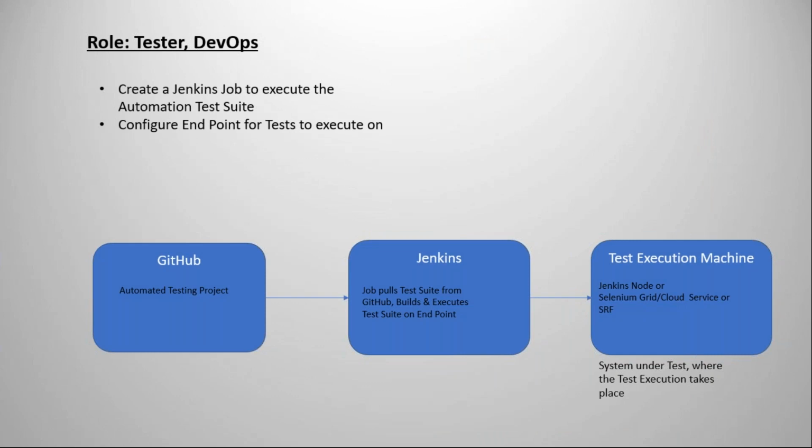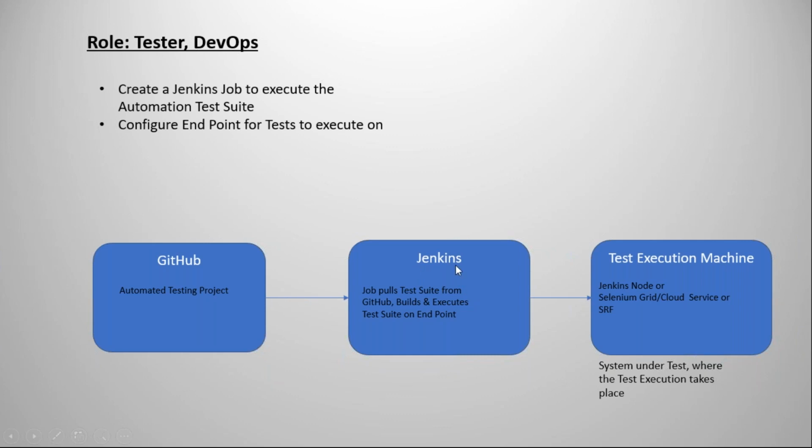Okay, so before I actually push that new Gherkin test that we've just done, the last part of this is that we want to be able to execute this automation test suite. And we're going to do that using our CI server. We're going to use Jenkins in this case, but it could be, say, TeamCity, Bamboo, or TFS.